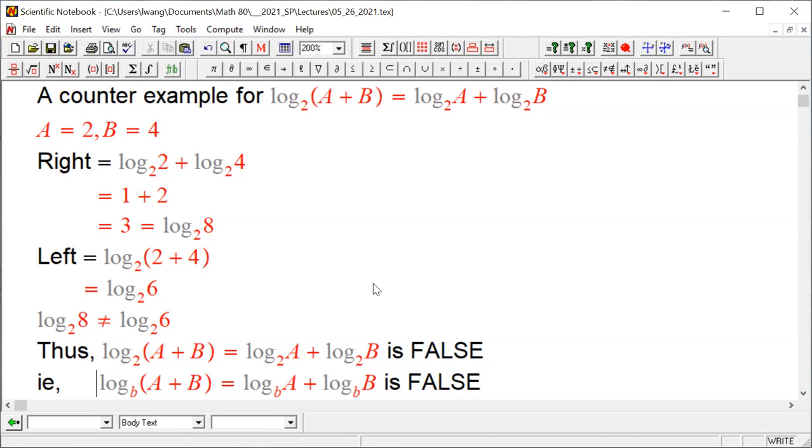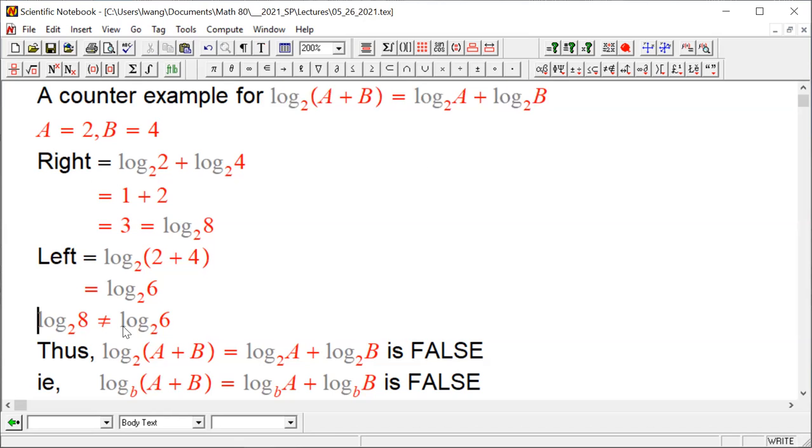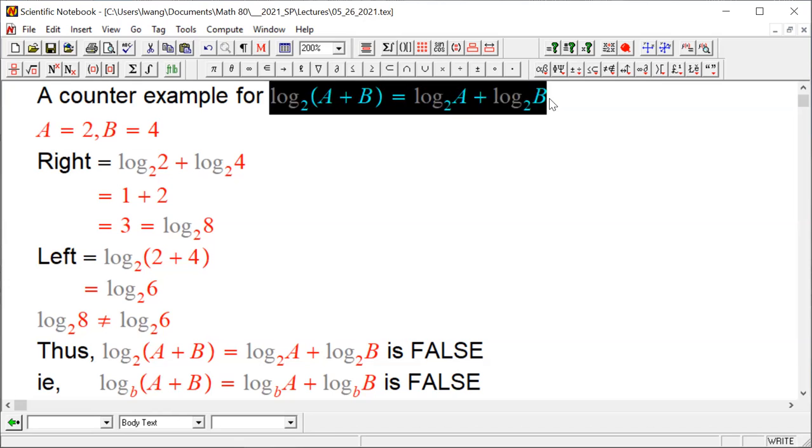Do you guys hear the logic? False once, false. This statement is a false once. False once in the case of A equals 2, B equals 4, it's been false. This is why this is false.